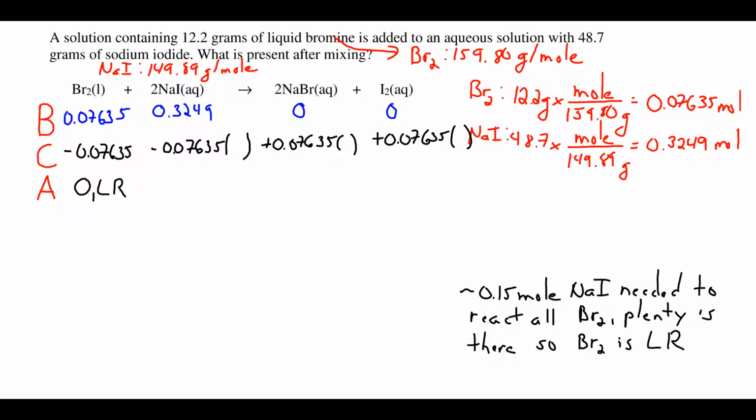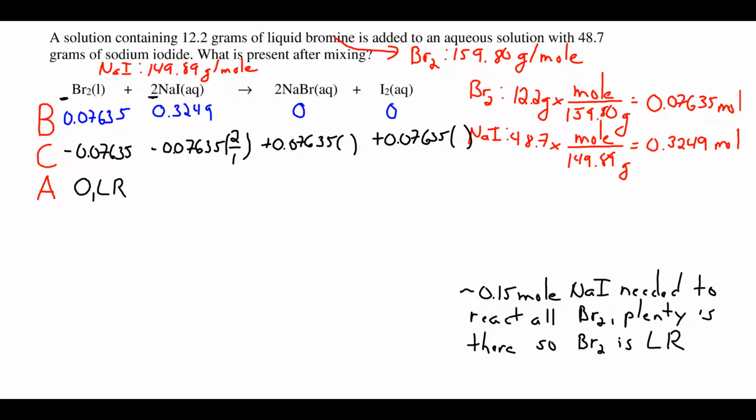We get the mole-to-mole ratio by looking at the coefficient of the chemical we're working with and the coefficient associated with our limiting reagent. So we're going to lose 2 times the limiting reagent moles of our NaI.